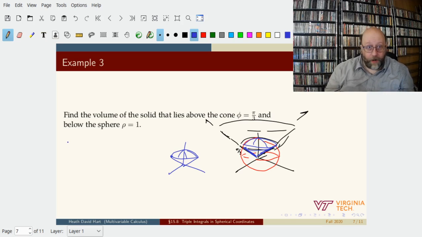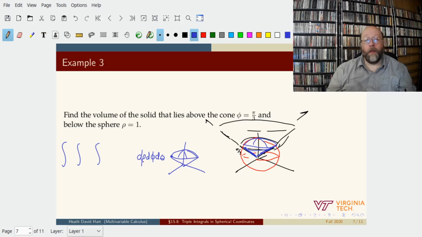So if we wanted to find the volume, we have to pick an order of integration. I put the phi on the inside. Normally for volume, we would integrate a 1, but that 1 we have to multiply by rho squared sine phi.